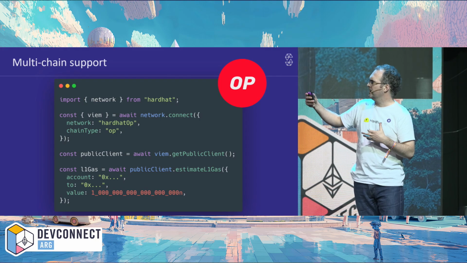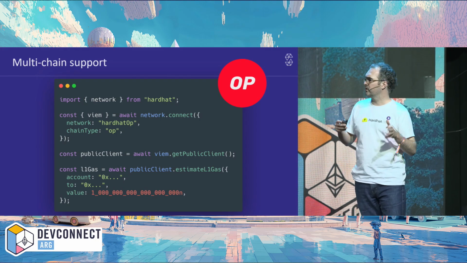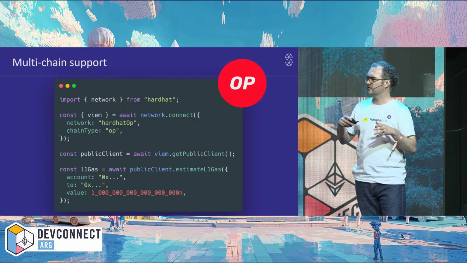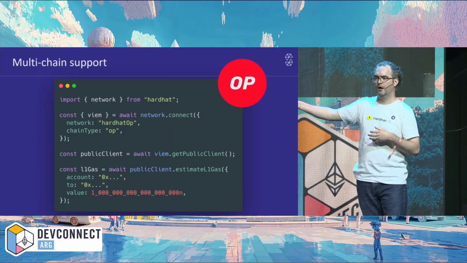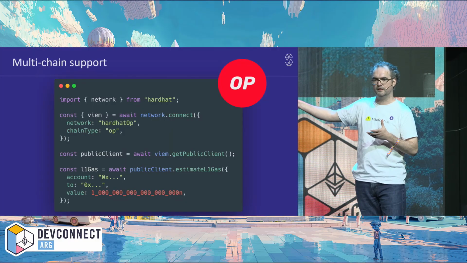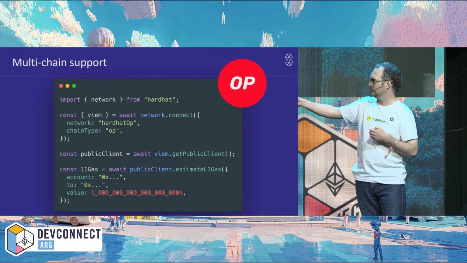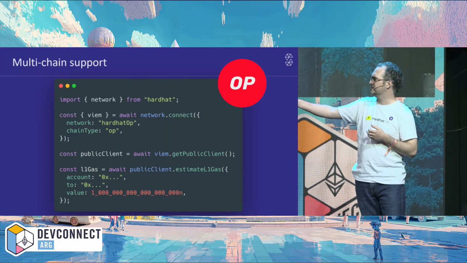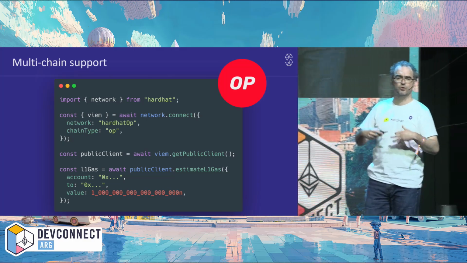What that allows us to do is provide extra TypeScript type level information. In this case, we're flowing it into the VM client library, and that sets VM up with the additional information which tells it to include Optimism only RPC calls. In this case, the estimate L1 gas call. If I was to change the chain type from OP to L1, then you'd immediately see the red squiggly line of a type error against estimate L1 gas, because that's not available on mainnet.